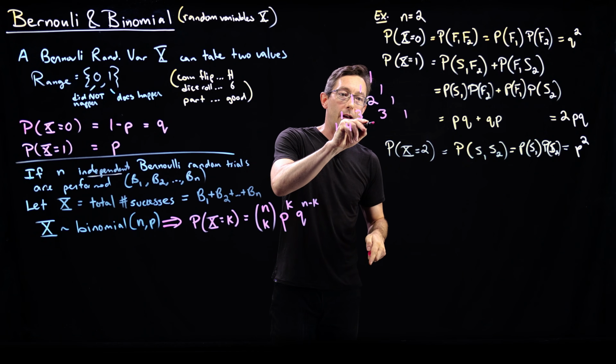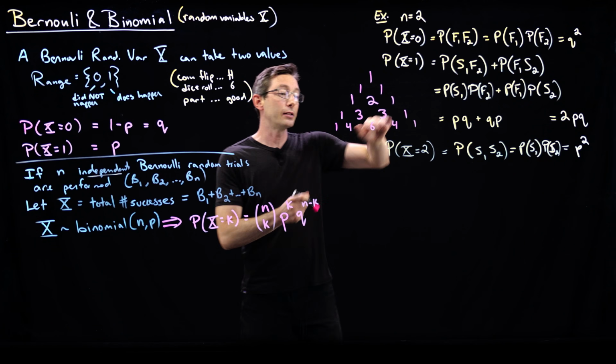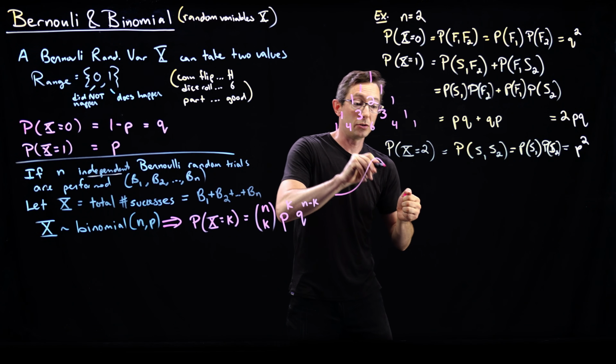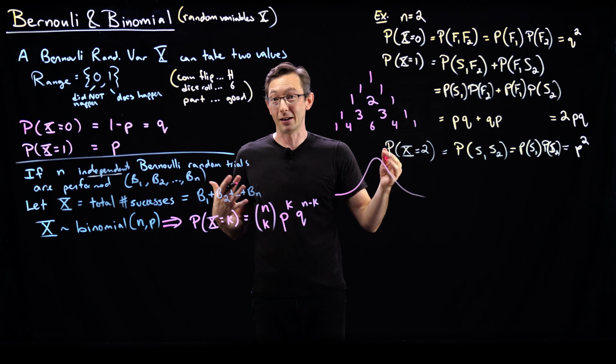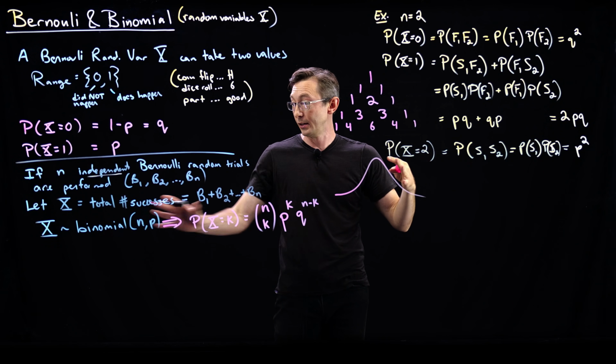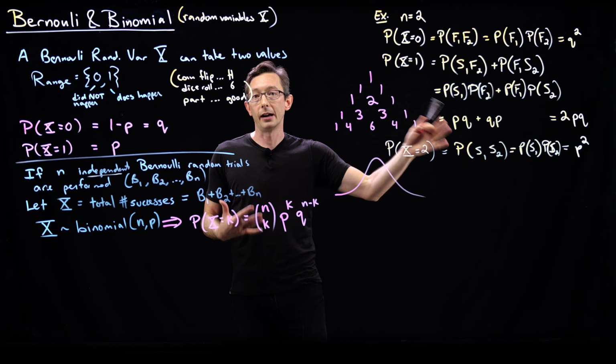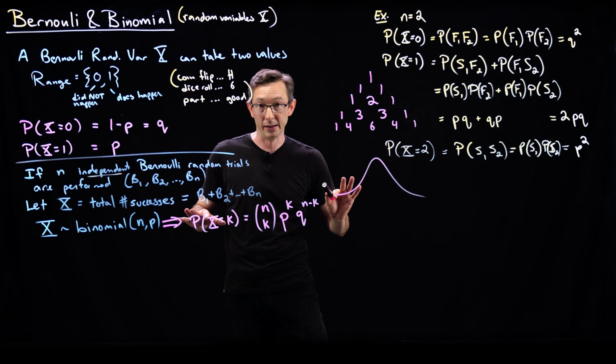And you can keep writing this down and reading this off of Pascal's triangle. Eventually, this is going to limit to a normal distribution. So that's what we're talking about: in the limit of large n, we're going to start getting a normally distributed number of successes. But you can verify and confirm that this all works out and is tidy.